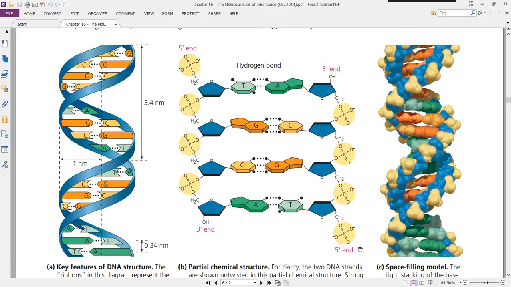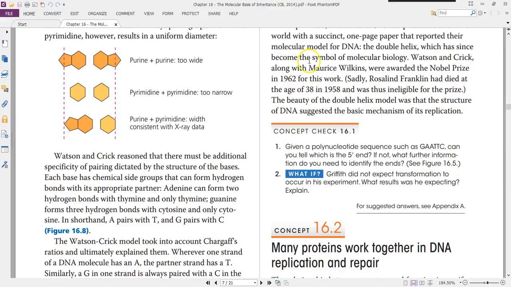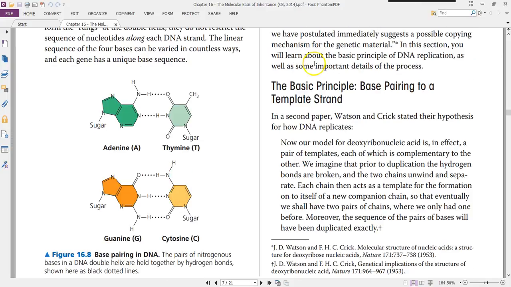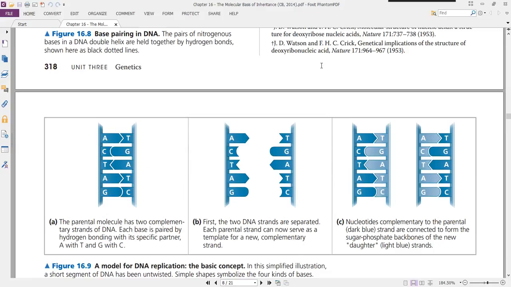So they're oriented in opposite directions. Just so you know, the terms 5' and 3' refer to the different carbons on the sugars. You don't really need to know any more than that. I'll explain in a bit why that anti-parallel nature of DNA, the fact that the strands run in opposite directions, is significant. So how does DNA replication actually work?